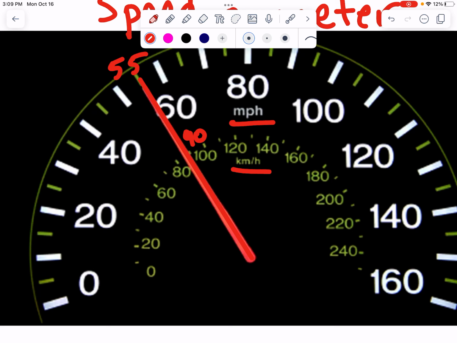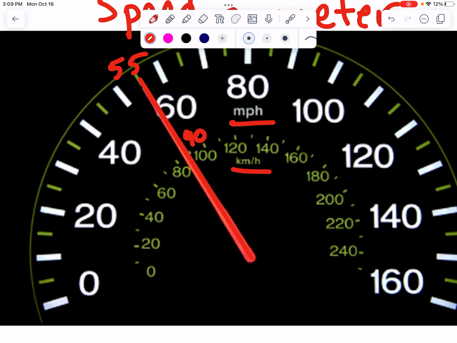Now, depending on where you're driving, if you drive up into Canada, for example, you'll be using a different unit for speed. There's no good scientific reason for this. It's just based on the type of units that each country has adopted, with the US being one of the very few countries that uses the imperial system, which is inches, feet, yards, miles, Fahrenheit.